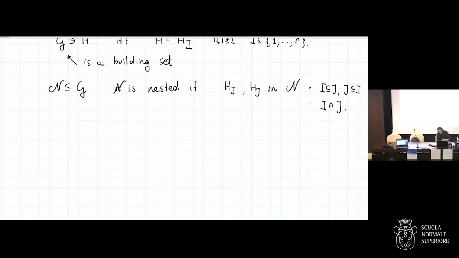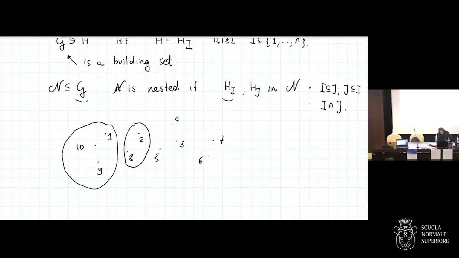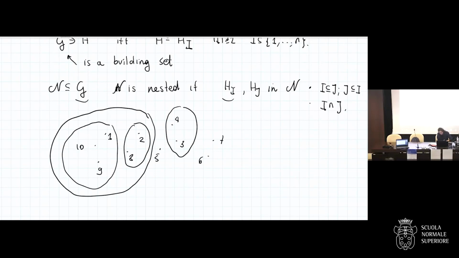Now, in our example, we have a nice interpretation, a nice picture one can draw for a nested set. So we are associating every element of G to a certain subset of elements from 1 to n. So if we take a bunch of points, then a nested set can be represented as some subset of the following kind, a diagram of the following kind.